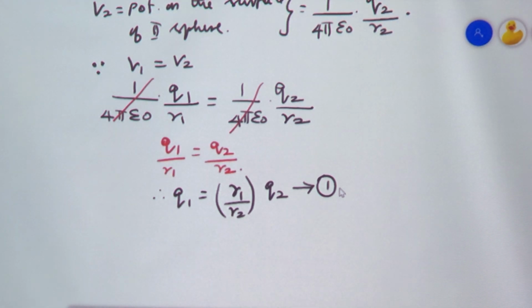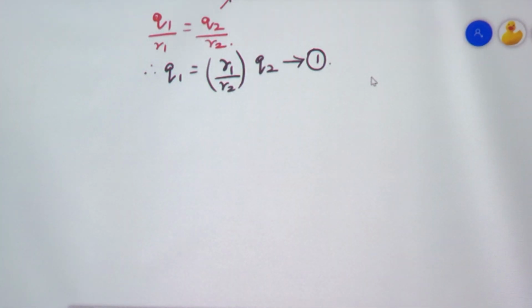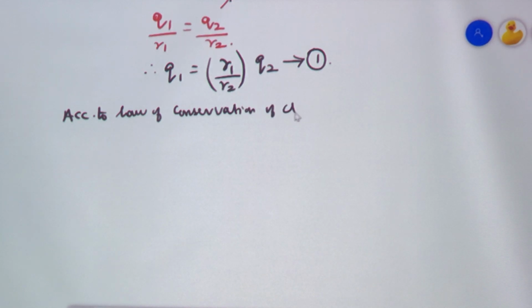See, it was given that the total charge given to the system is Q, which is redistributed on the two spheres. So, according to the law of conservation of charges, which we have studied, the total charge Q is equal to the sum of the charges on the two spheres.